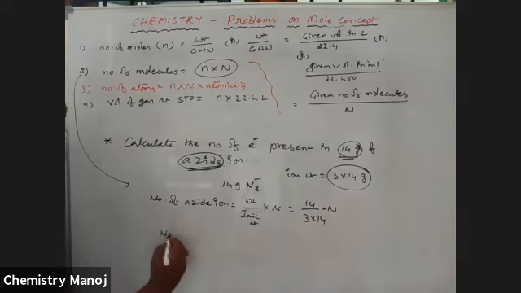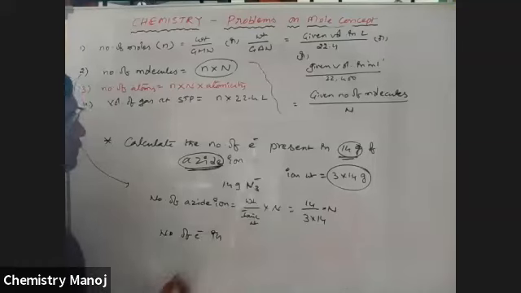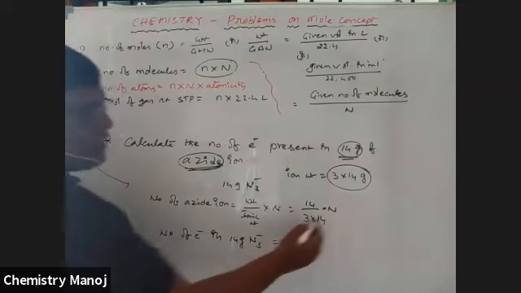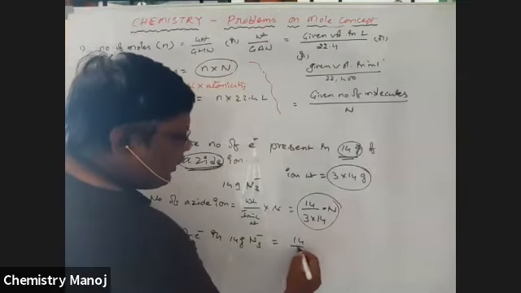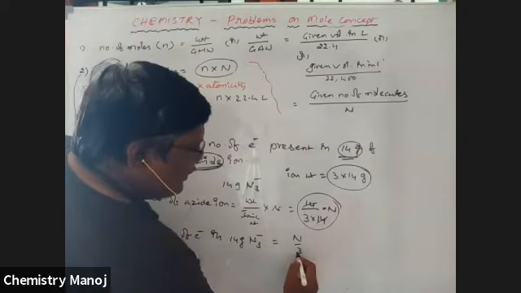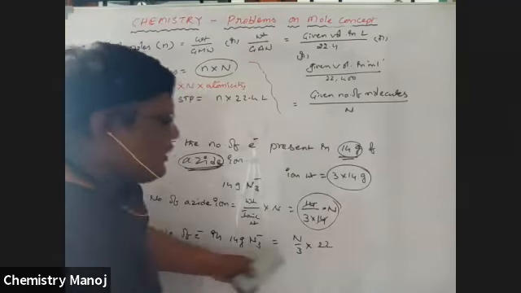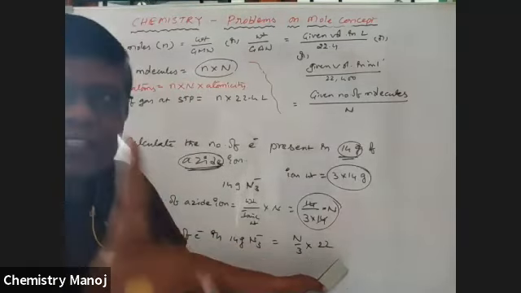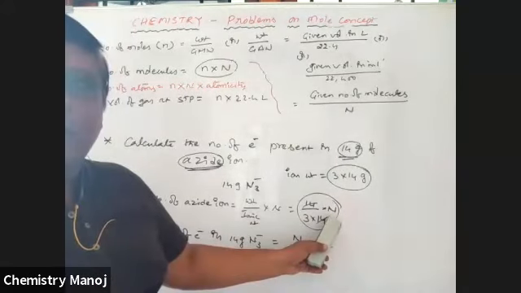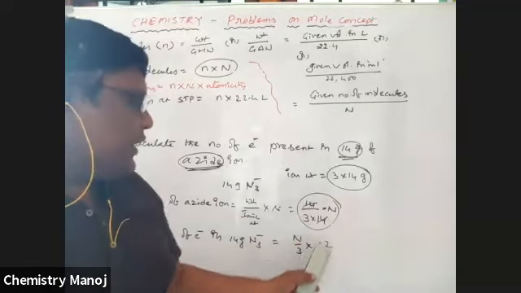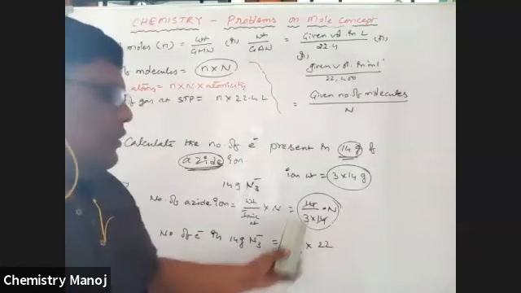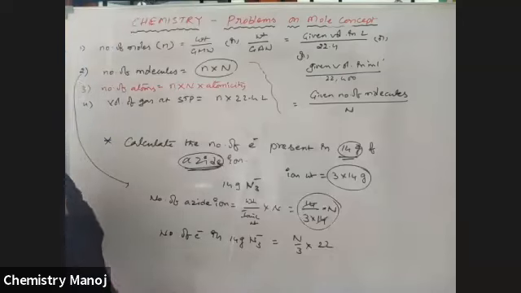So the number of electrons in 14 grams of N3 minus: this much ions are available, 14 cancels, N by 3, into 22. What is this 22? This is the total number of electrons present in one azide ion. So N by 3 into 22 is the total number of electrons present in 14 grams of azide ion.